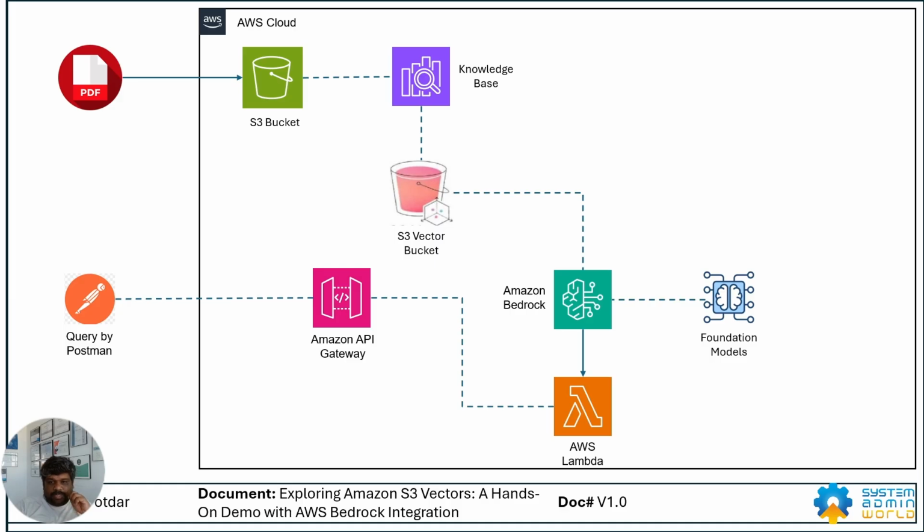An AWS Lambda service will trigger the Bedrock functions or inferences, and then API Gateway will be exposed to the end user, where we will use Postman to push our prompt to Bedrock and get the answer we want from the PDF.